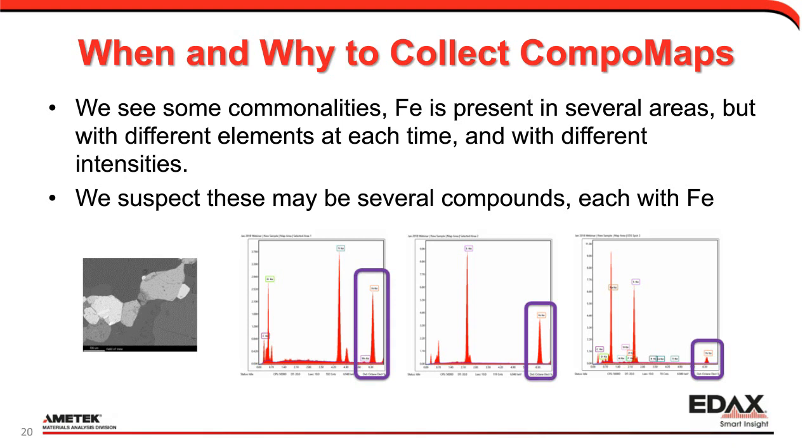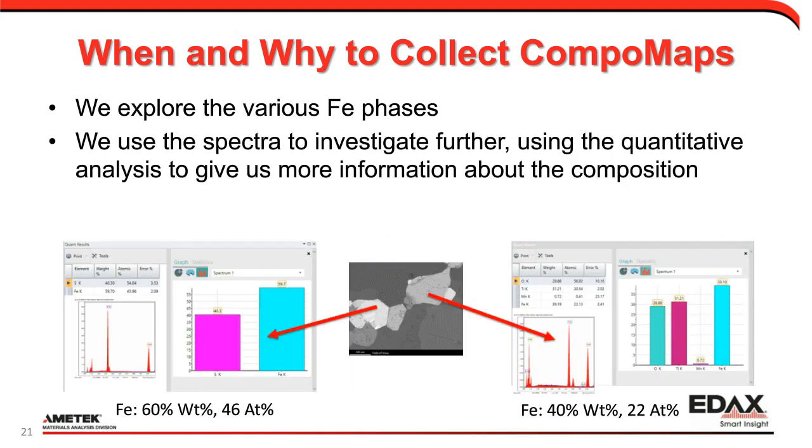So we suspect that we have several compounds, but we really need to investigate further to understand that they are, in fact, different. And it's a great application for quantitative analysis. With a quick click, we're able to get not just the concentration numbers, the actual weight percent and atomic percent values, but we can also get a nice display of the concentrations.